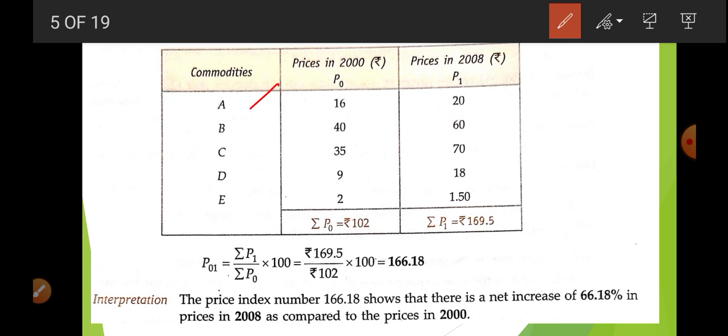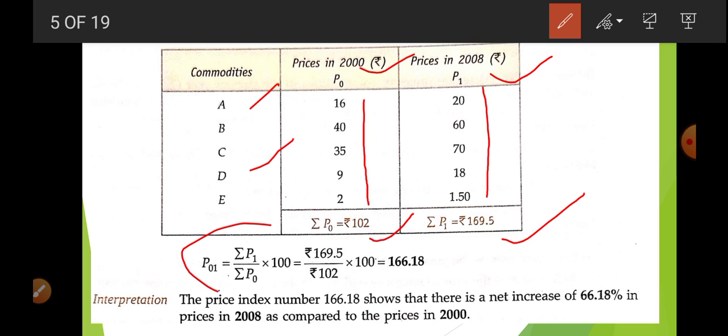These are your commodities. P0, that is, the prices in 2000. All these prices are added and we get sigma P0 is equal to 102. Now prices in 2008 are added, all these. We get sigma P1 that is 169.5.